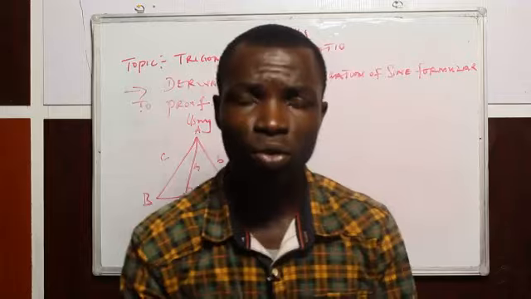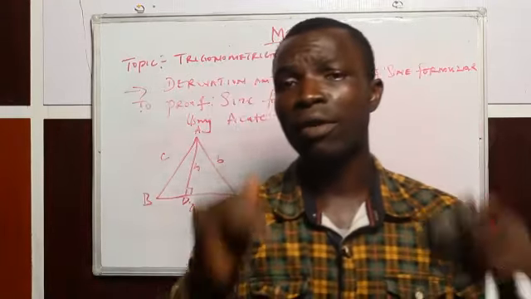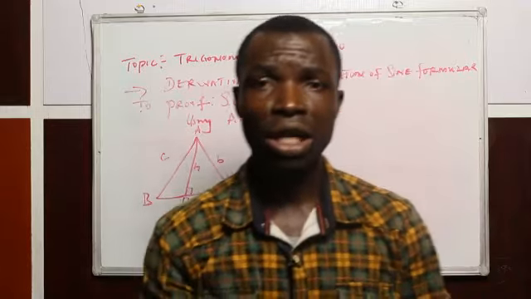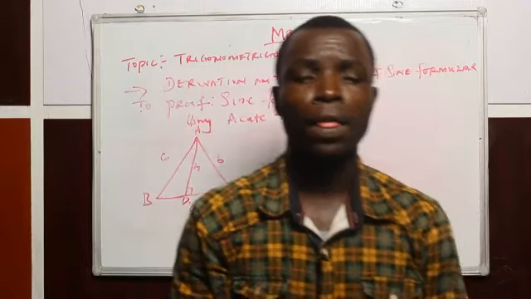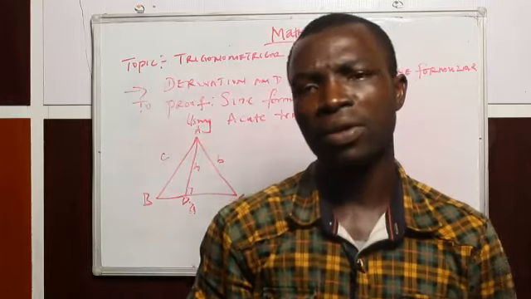All these involve the use of a triangle. That is why we consider the sine formula as another topic under trigonometry ratio. Now, what do we want to prove about the sine formula?